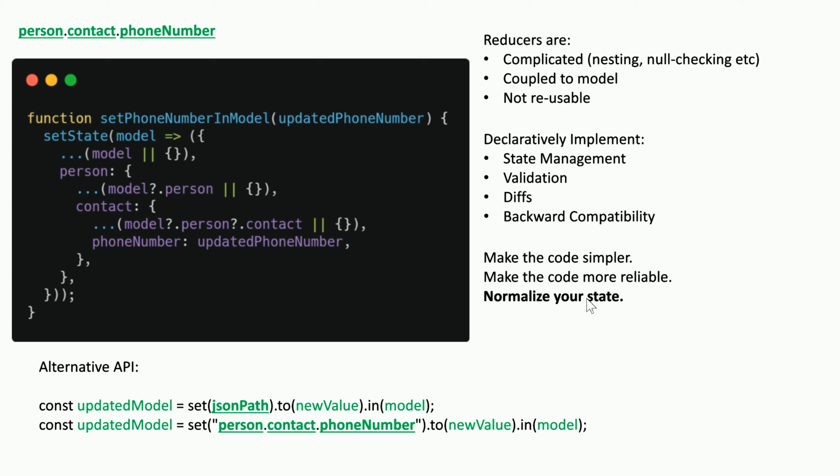At the very least, it reduces the complexity of our state management, and also adds a lot of reliability, because even in a React application, you could run into race conditions, because we do have a lot of asynchronous events and things that invoke our state management. So anyway, the point is that normalized state can make our code simpler, more reliable, and we should normalize our state.